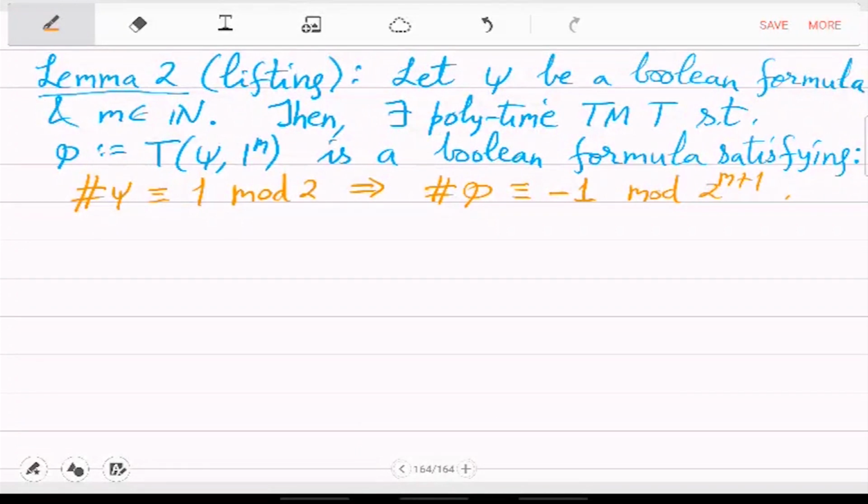Okay, so -1 and 1 are the same mod 2, but when you go to higher modulus like mod 4, 1 and -1 are different. But the intuition that I gave before, that the sum will be either large or small in magnitude, will remain the same, because when the number of satisfying assignments is even, this lift will actually be congruent to 0.